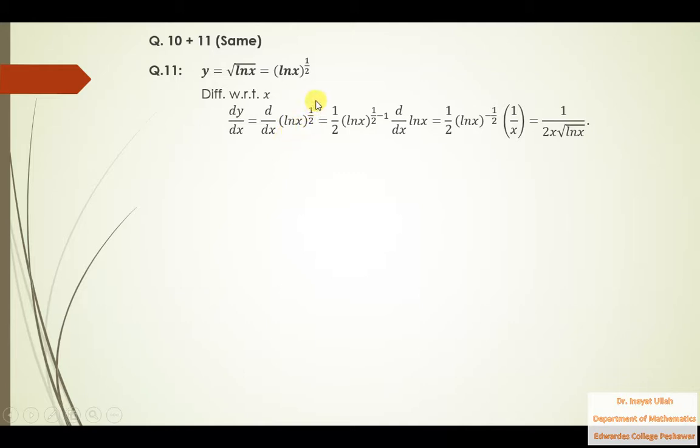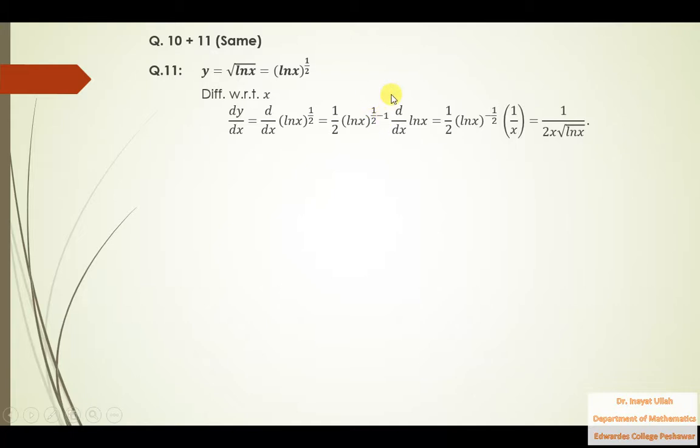Now see that this is actually the extended power rule, because this is not x only, that is actually log of x. So applying the extended power rule here, dropping down this power in front of the function and subtracting 1 from the power, and then the further derivative of this base, log of x.